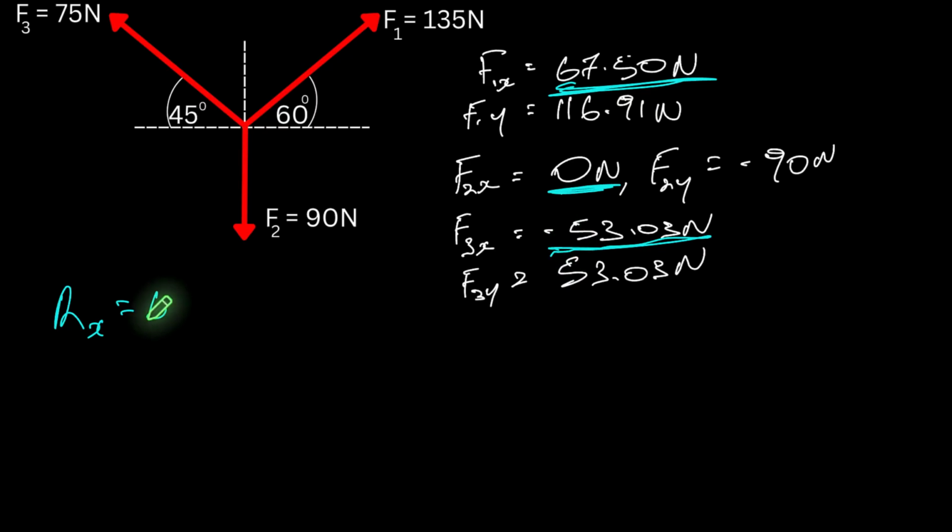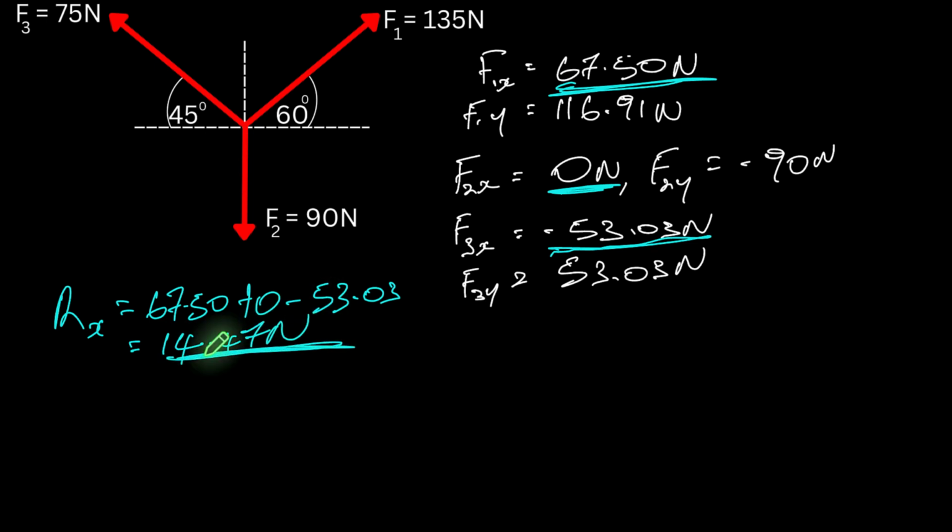So this gives us 67.50 plus 0 minus 53.03. The sum of the horizontal components would be 14.47 newtons. Now we're going to do the same thing for the vertical component of the resultant.